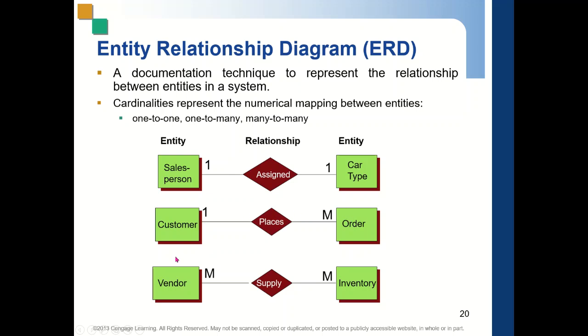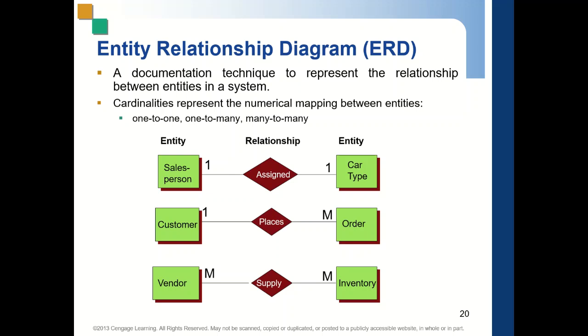So essentially here, what we are saying is that a customer places an order, but the customer can in fact place many orders. So there may be order A and order B and maybe 10 different orders from the same customer, not necessarily coming simultaneously.